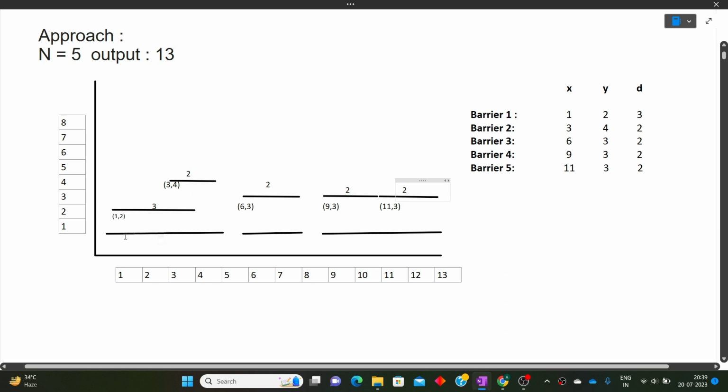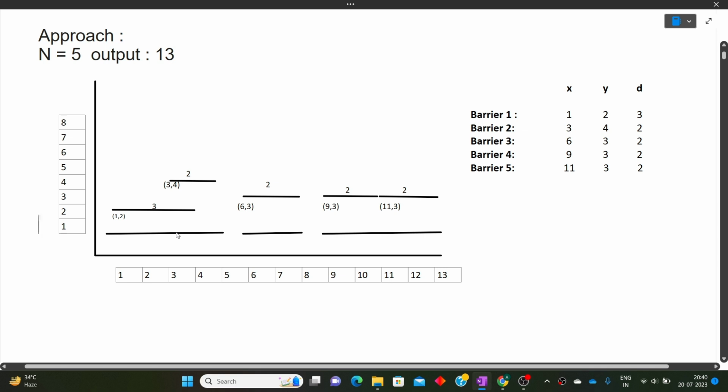Now we will check how many people are blocked by this barrier, how many people are blocked by this barrier, and how many people are blocked by this barrier, and we will simply add those numbers and return the answer. So it is that simple. First step is to merge all the overlapping barriers into a single barrier. By doing this step, we will find all the non-merging barriers.